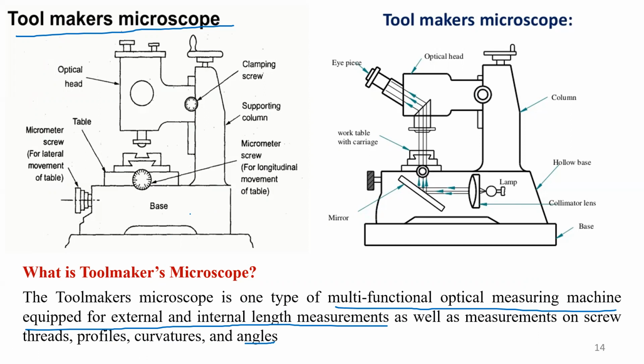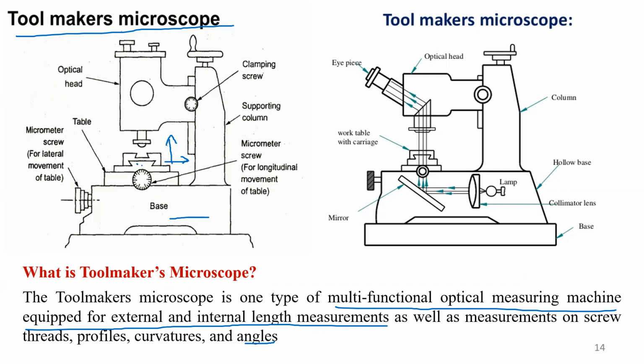So this consists of a hollow base made of cast iron. On the base, the table is mounted. On the table, we have the glass plate. Here the table can be moved perpendicular to the supporting column and also parallel to the supporting column.